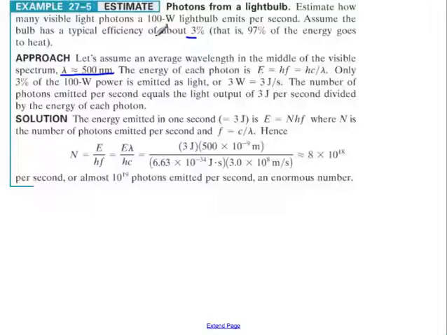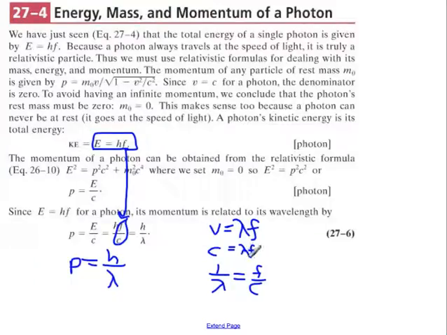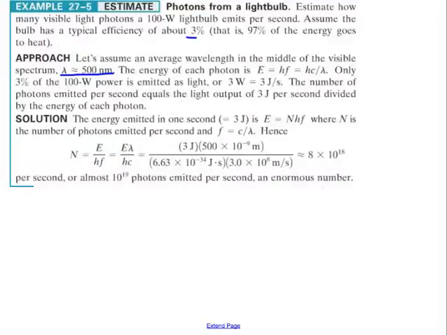Then it starts to get into the equations, right? The energy of each individual photon is going to be hf. We just talked about that a whole bunch. f is c over lambda. We just derived that in the previous video up here. You can see it right there. So the energy of a single photon can be represented like this. It says only 3% of the 100 watts is emitted as light. So that's 3 watts.